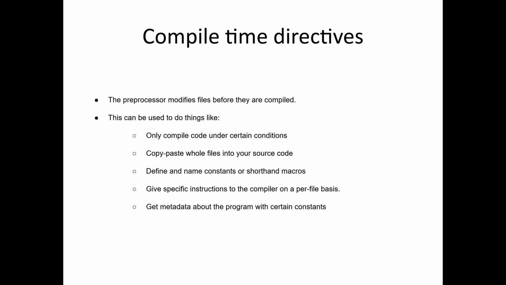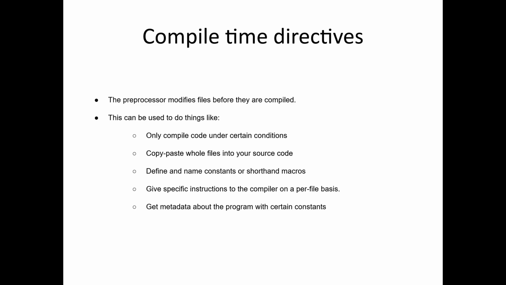You can define constants and macros that can be used to inject extra code that can be a little time-consuming or confusing to type yourself. You can give specific instructions to the compiler on a file-by-file basis.